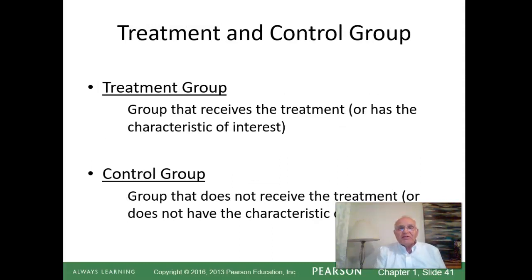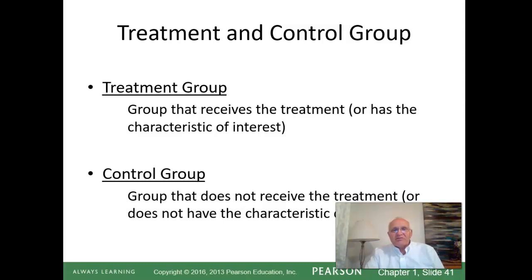So the group that receives the treatment is called the treatment group, and in this case there's just one treatment variable, and the control group would be the ones that don't receive the treatment. Or in some cases it might be that we put a group together that does not have the characteristic that we're interested in studying. You have to be a little careful about that, because that doesn't necessarily mean we're running a controlled experiment.